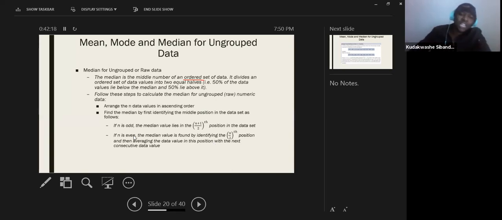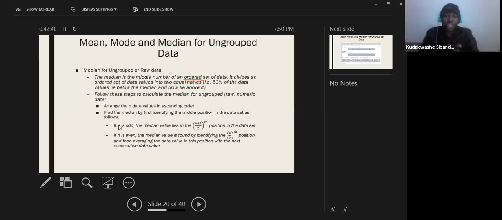So let's start with the case where the sample size is odd. Like in the previous slide, it was 7 students that wrote a spelling test. So what you need to do is order that set of data in ascending order from the lowest mark to the highest mark.